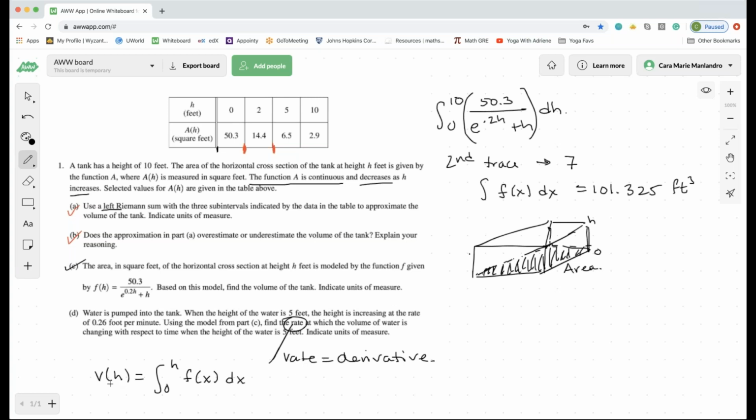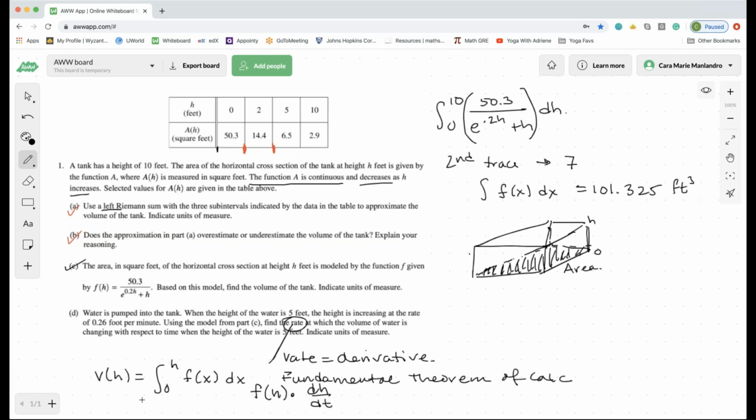So then I want to take the derivative of this. By the fundamental theorem of calculus, what's the fundamental theorem of calculus? It's my favorite theorem. If I take the derivative of the integral, then I get the function back. So I just get f of h times, now I have to remember to use the chain rule, dh dt.